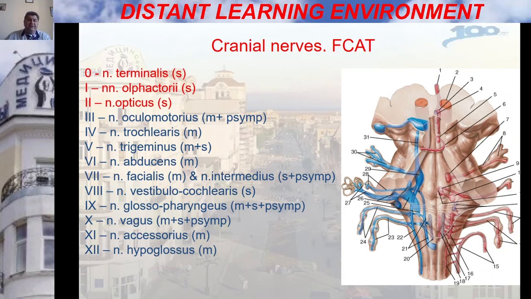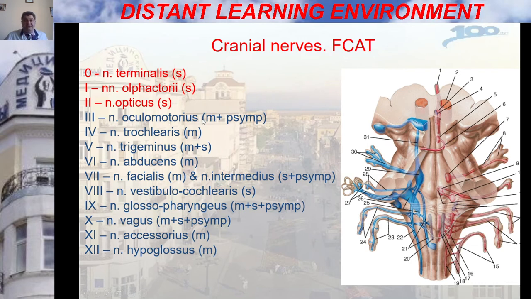Nervus opticus is the second pair, and all these pairs have no nuclei, and also they are sensoric nerves. And you may see other pairs.